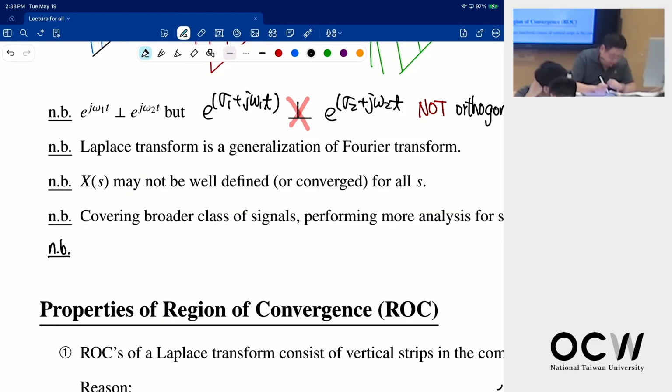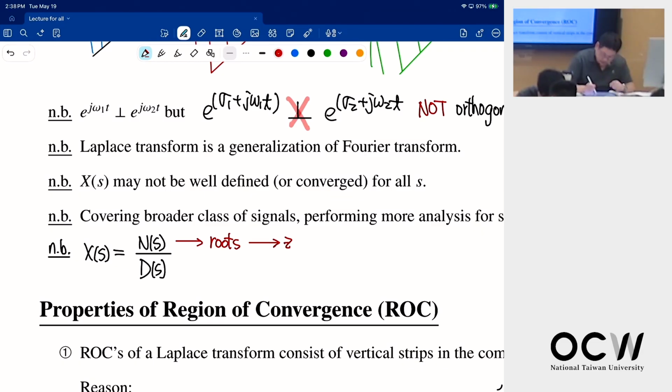for the Laplace transform, we can have the transform as the numerator divided by the denominator. Here, to get the roots, you have zeros. And here in the denominator, you have poles.